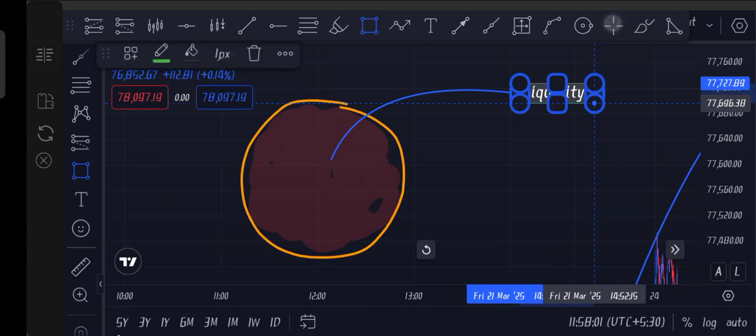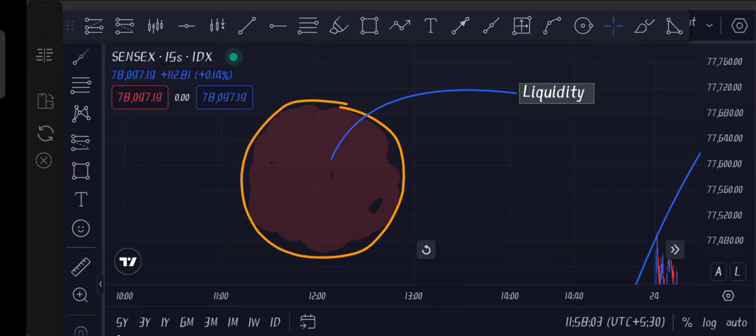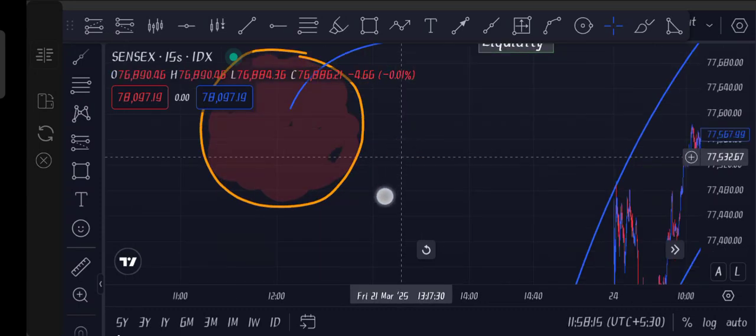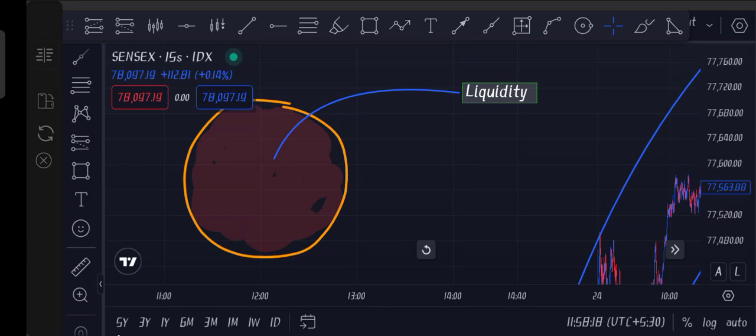Liquidity is the most important part in the market. And this well is called the liquidity store.